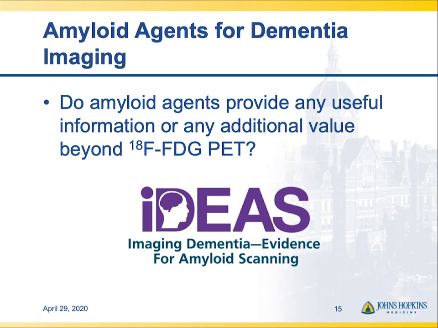But there's actually a couple of large ongoing studies now looking at good ways to potentially utilize these agents. One of those large studies is the IDEAS study. These should tell us quite a lot about how to use these. There's already some preliminary data that's coming out. So with IDEAS, there's a paper where they found that clinical management was impacted in a large number of patients based on the results of the amyloid scan.